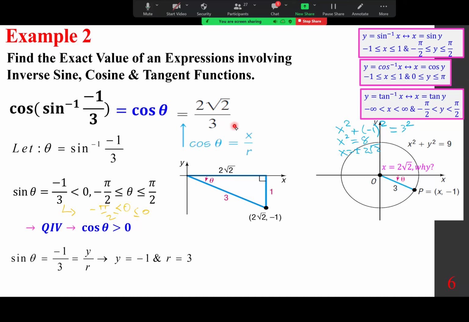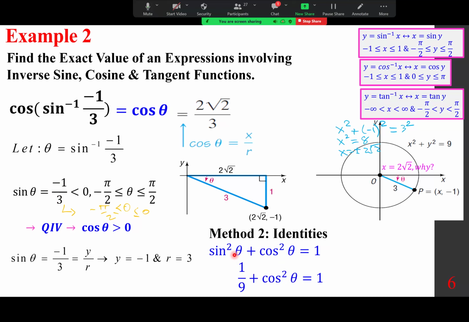Let's look at identity. Sine squared plus cosine squared equals 1. Sine is negative 1/3, so negative 1/3 squared. When you square it, you get 1 over 9. And subtract it from the other side.